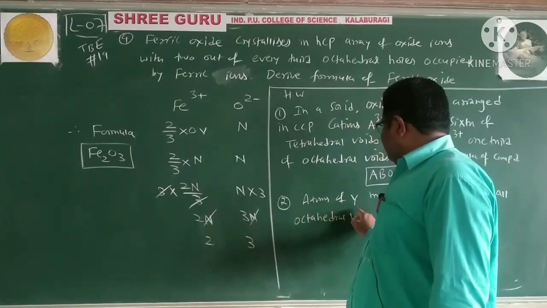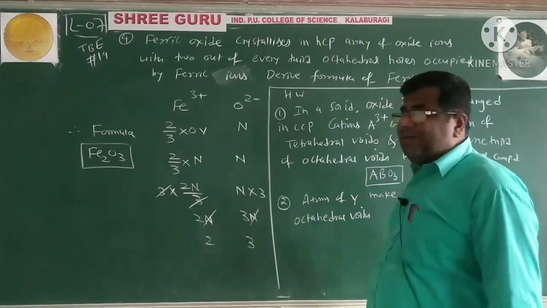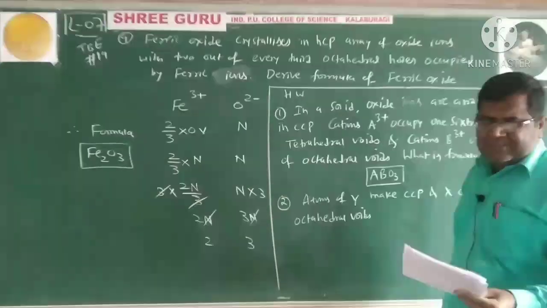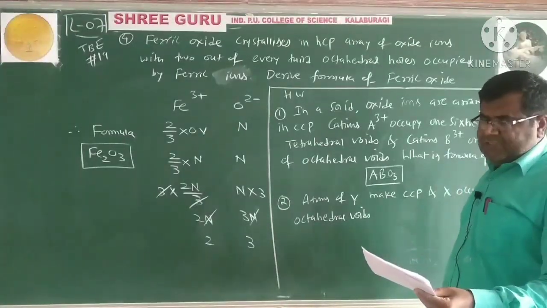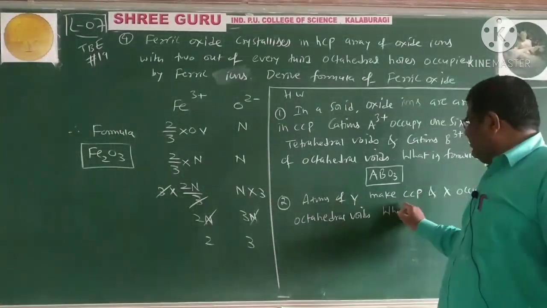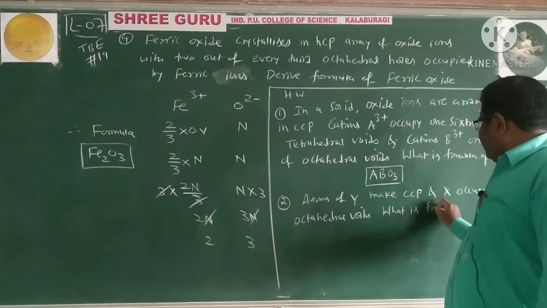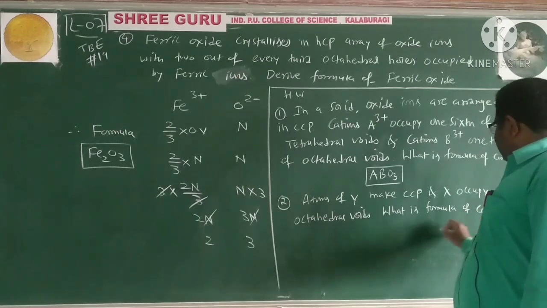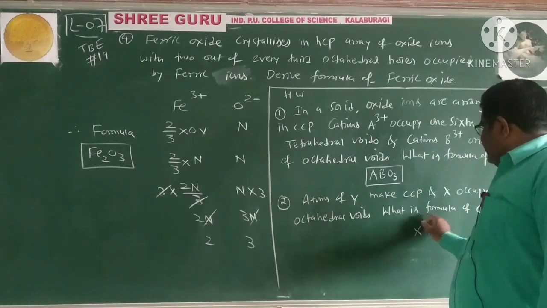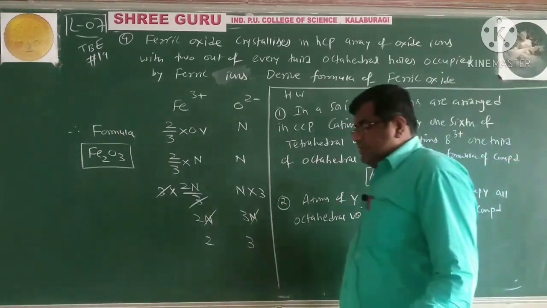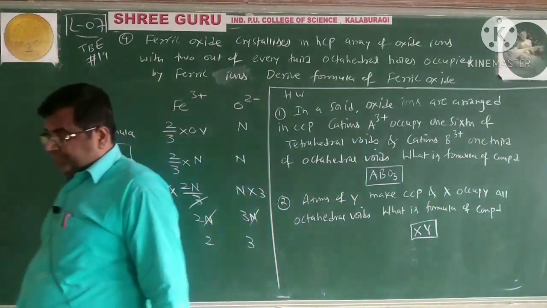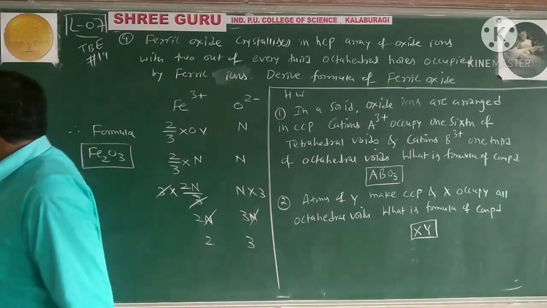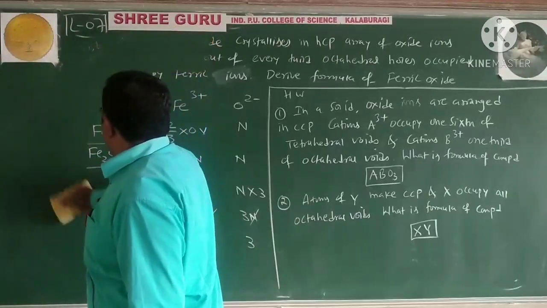Yes, simple question. The number of atoms and the number of octahedral holes are equal. What is the formula of the compound? Your answer should be XY, isn't it? But you can write 2 steps and get that answer.